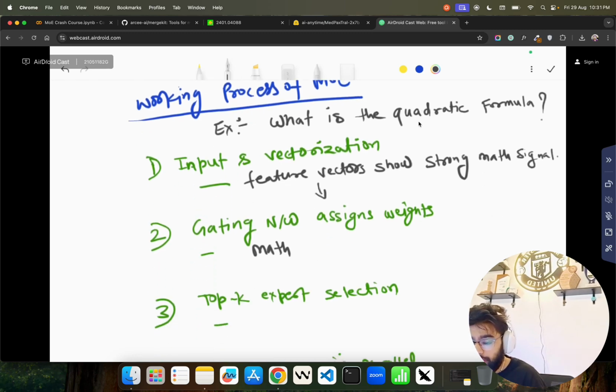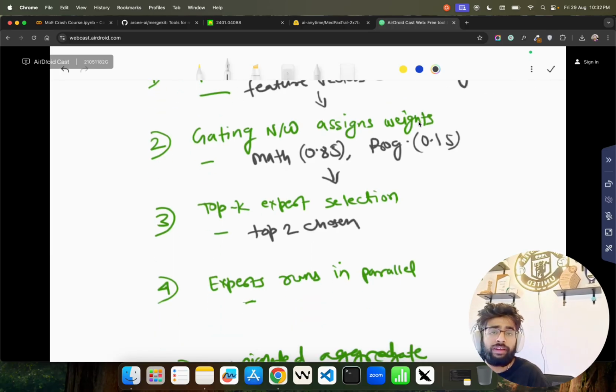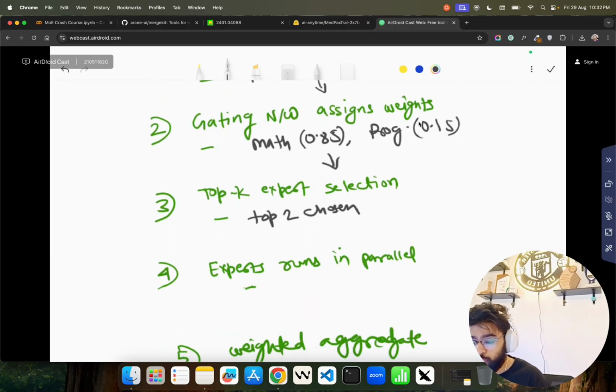Here it's a math thing, right? So let's say it says 0.85 math, and programming goes to 0.15. That is basically assigning the weights. Now let's say I have top 2 chosen, top k expert selection, because it might have tens of experts, right? So top 2 chosen for this task.